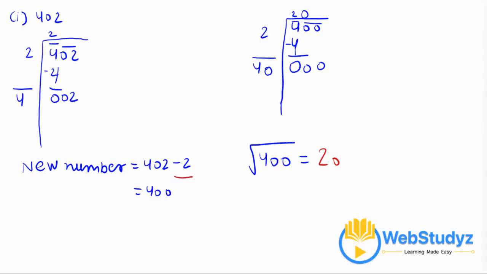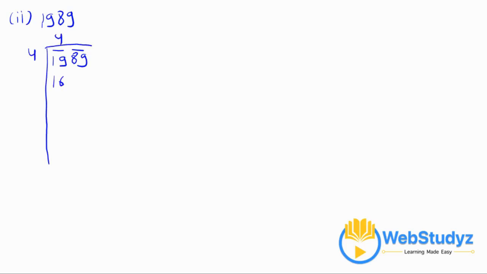Now move on to the second one, which is 1989. Now solving it by the division method by making pairs, we have 16, which is the perfect square of 4.